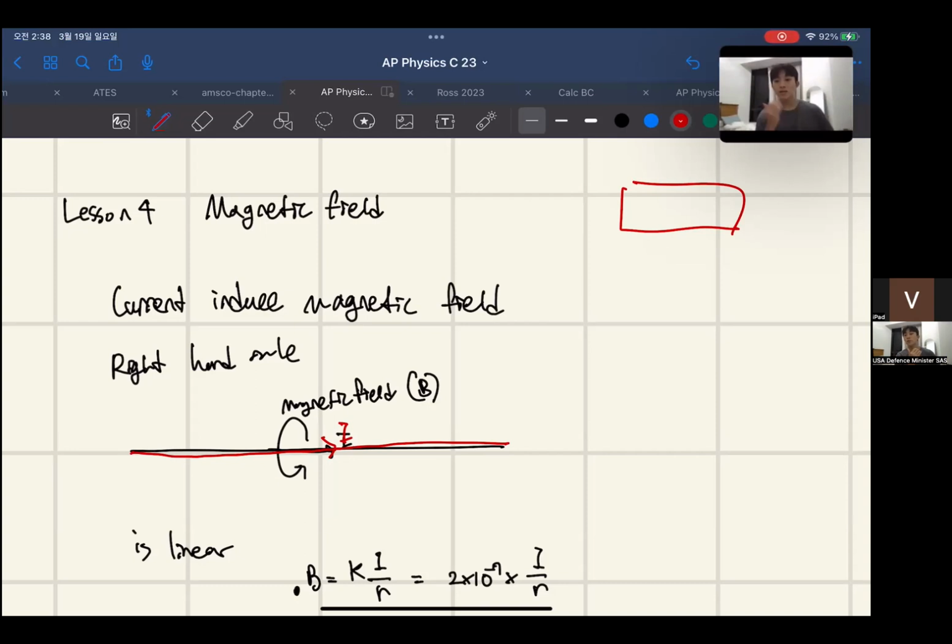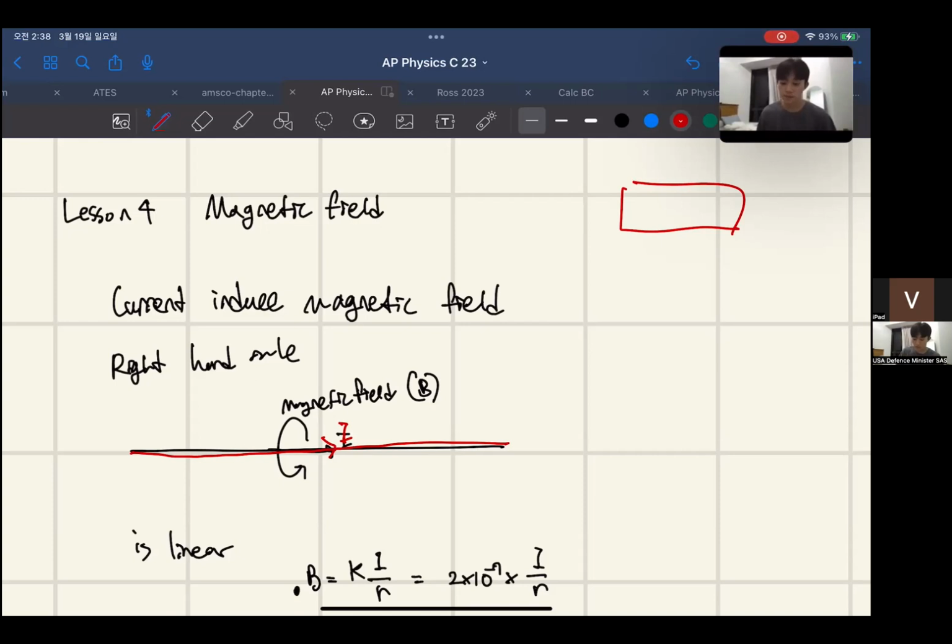If you have a current flowing rightward, you place your thumb rightward, and the other 4 fingers wrap around in the direction of the magnetic field formed. If the current flows the other way, the 4 fingers wrap around the wire in the opposite direction, and thus you have an opposite direction magnetic field.